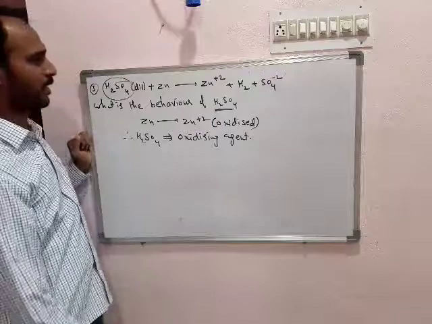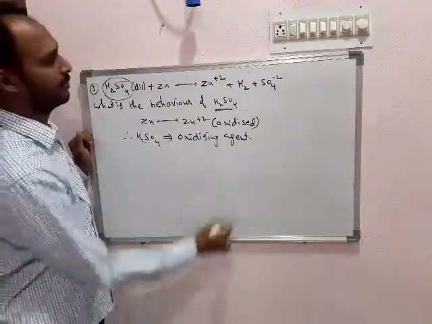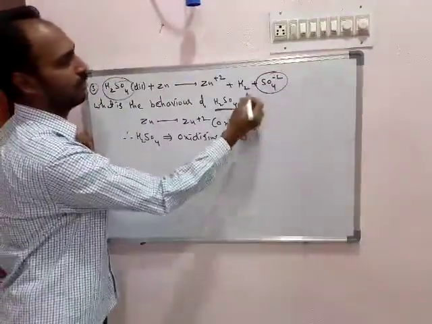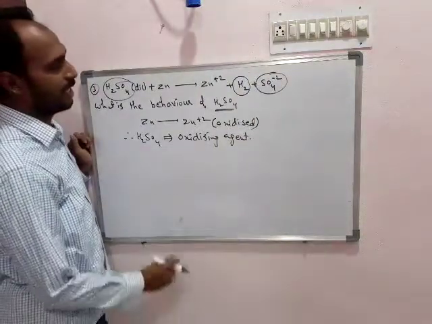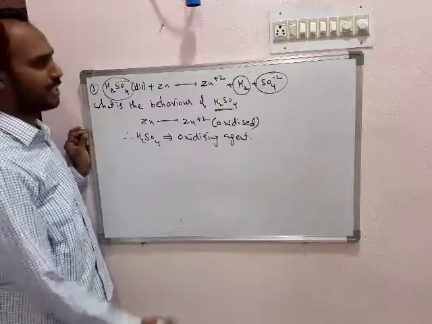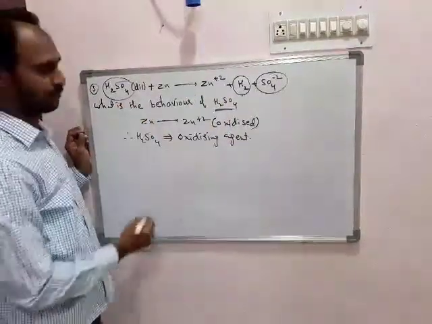Here is another important one. Unlike the previous problem, here SO4 minus 2 forms and there is also the presence of H2 gas. Here we need to think how H2 gas is formed. The H2 gas is formed only from the H2SO4.